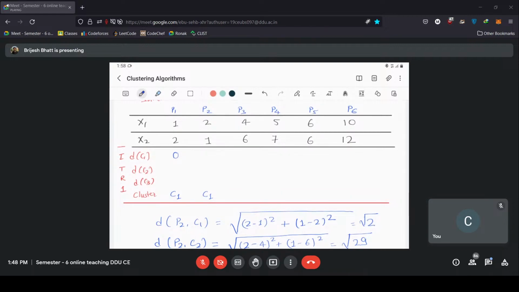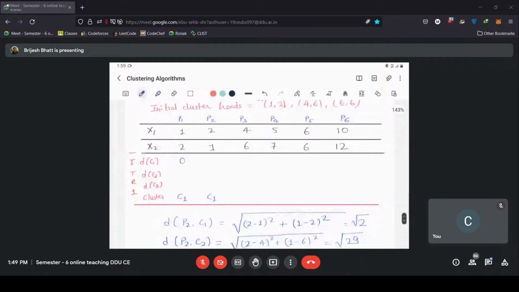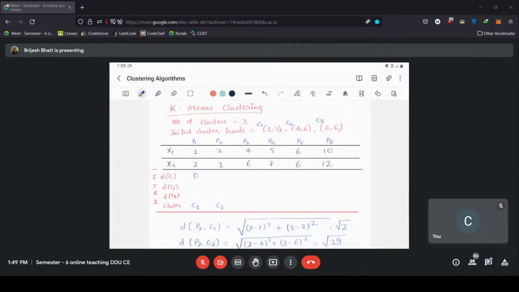I'm waiting for you to finish the calculation. Once you finish, put your answer in the message box and we'll move to the next iteration. Now can you see the C1, C2, and C3?